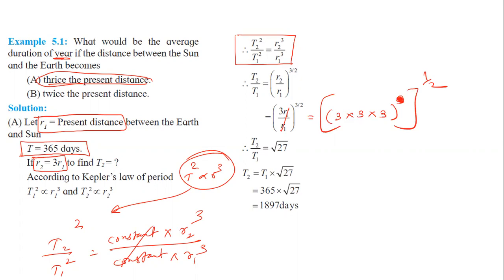So it means 27 raised to 1 by 2, root of 27. So here we have written T2 by T1 is equal to root 27. So we have to find out T2. So T2 is T1 into root 27. T1 is 365 multiplied by root 27. After solving this, we get 1897 days. 1897 days is the period when distance is thrice the present distance.